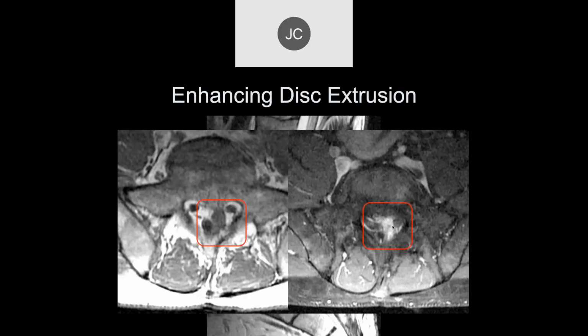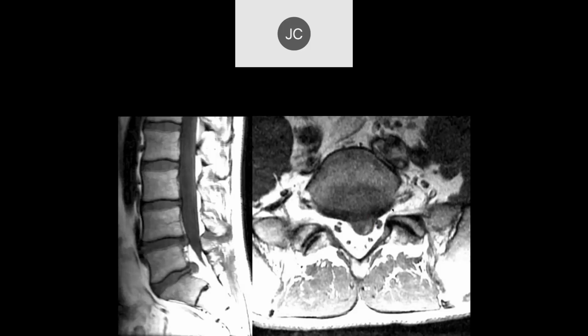And that's the other thing that we find: the actual extruded disc itself can enhance, especially if it's been there for a while and you start getting an inflammatory reaction that's then responsible for resorbing the disc. Then it can enhance because it becomes vascular. So contrast is not that great at differentiating granulation tissue from actual disc material because of that.